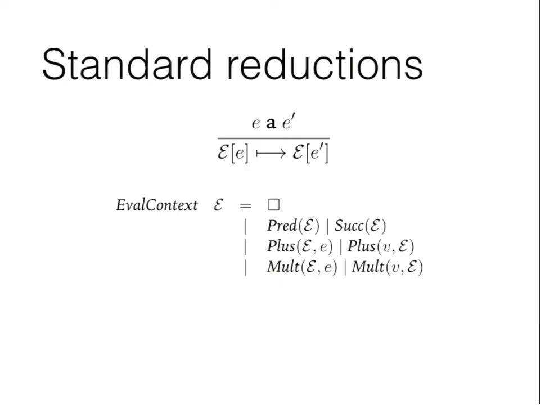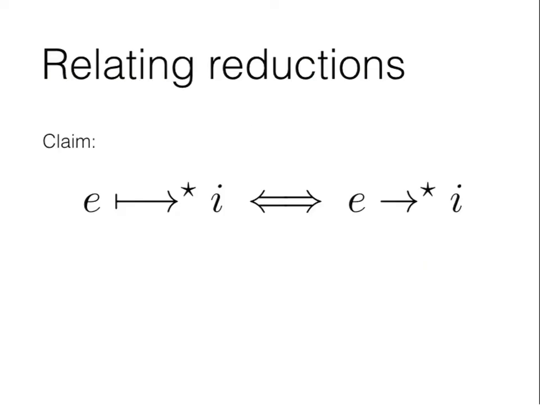And when you are done on the left, then you do the right. So you can read off this ordering from the grammar here. And we should hope, and it's the case here, that if you can get to an answer with these relations, you can get there in the standard way, and vice versa. And this property also won't be true in richer languages.